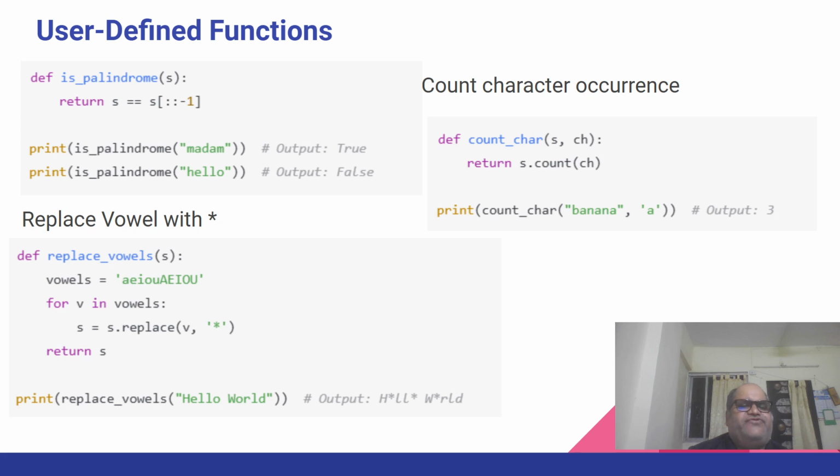Let us actually look at the one that we have on our screen. Madam. So from left, what do you read here in case of madam? M-A-D-A-M. And from right, what do you read? M-A-D-A-M. So if a string is a palindrome, it will read the same from left and from right.